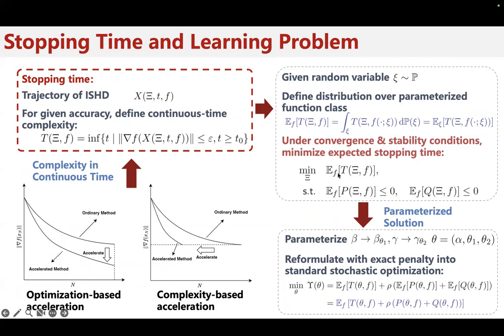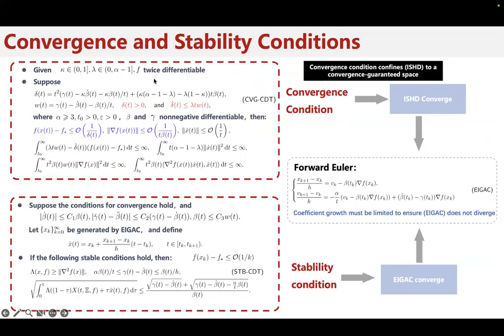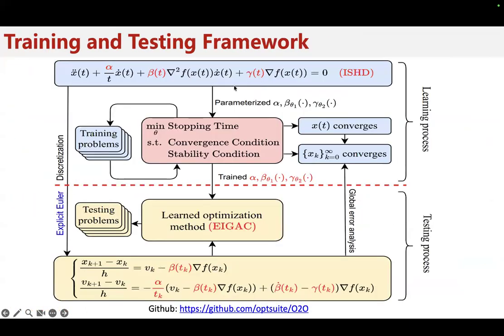For this one, it's very interesting. Let me ask you a question. Now you say this is the so-called stopping time, right? And for a discrete algorithm, this is essentially the number of iterations. The parameters are alpha, beta, gamma. So my question is, do you believe that the number of iterations is a function of beta and gamma?